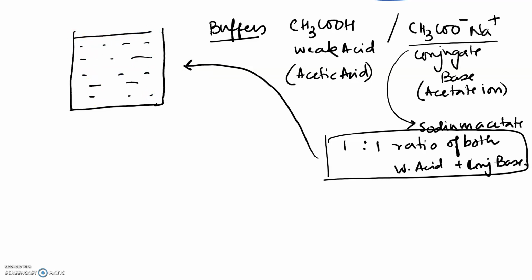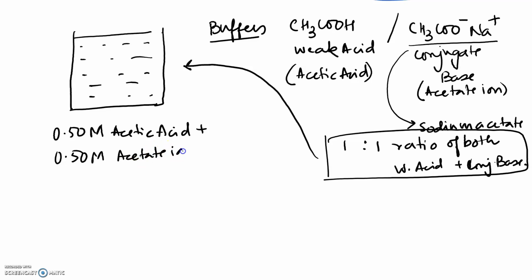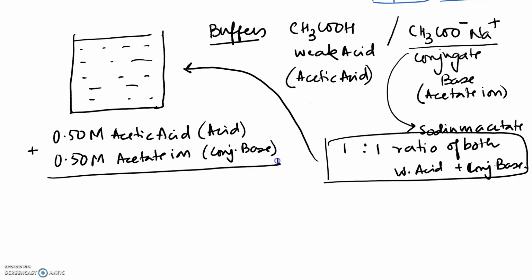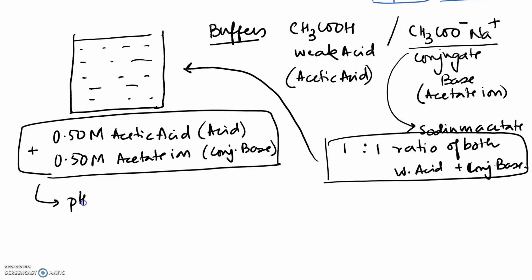Just to visualize this quantitatively, if you take a 0.50 molar solution of acetic acid and you mix it with a 0.50 molar solution of the acetate ion, so basically that's your acid, that's your conjugate base, and you measure the pH of the solution, the pH ends up being 4.74.